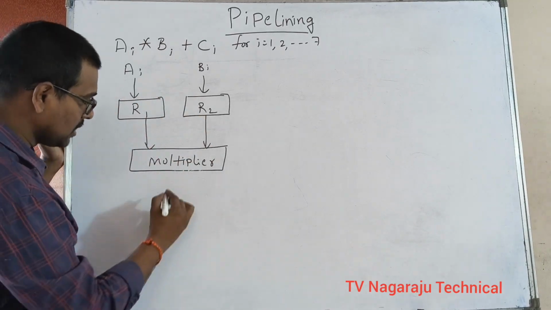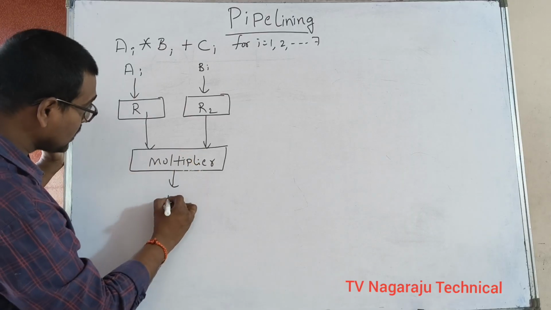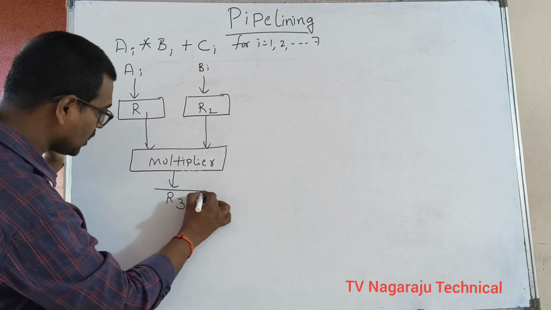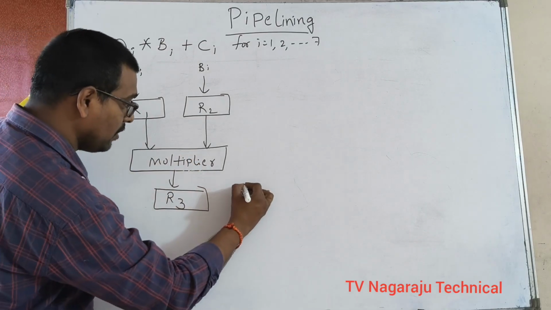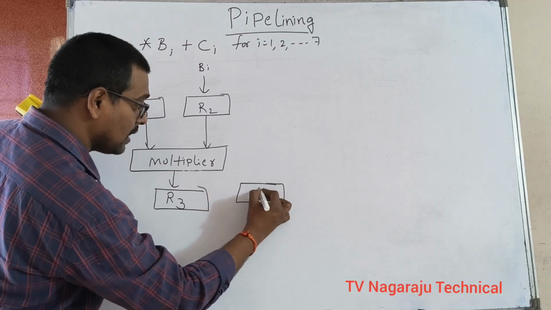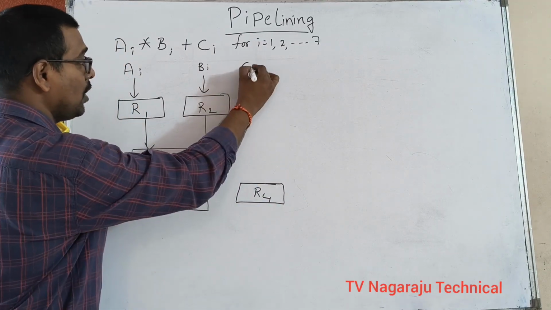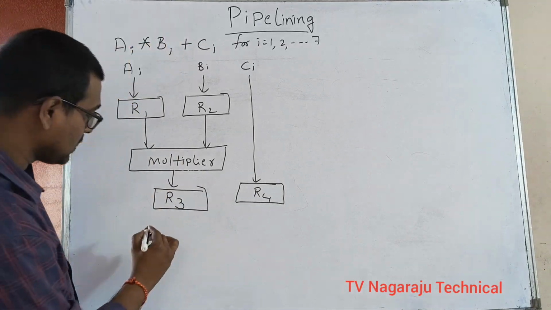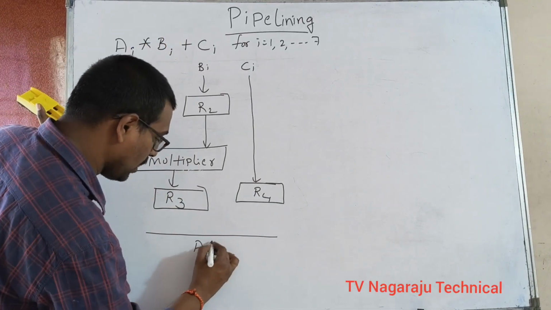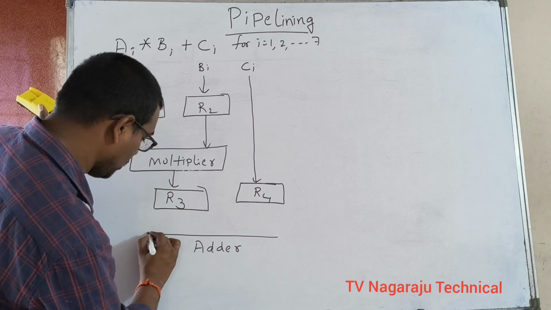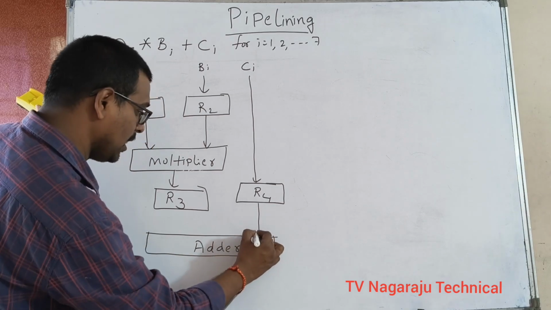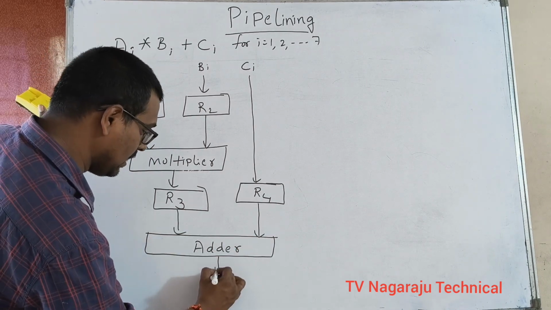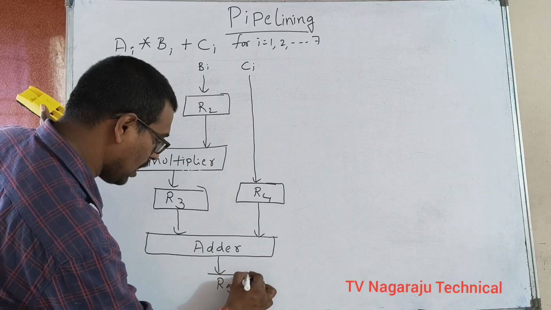Once the multiplication is completed, the result is copied into register R3. Along with that we have one more register, R4, which loads the value Ci. Finally, the step is addition. We have an adder circuit which takes these two, and the result is copied into R5.